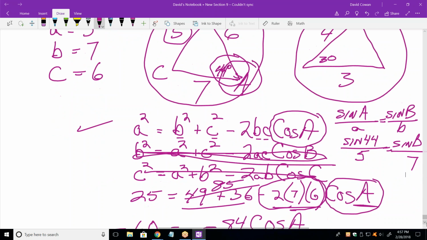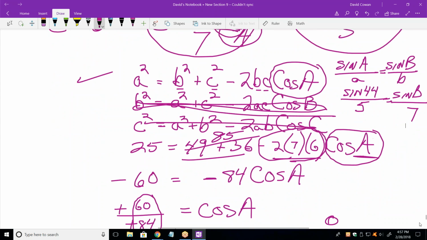Now I'm going to go down and we're going to solve that equation. I apologize, I'm in a program here I cannot erase. So the upper left numerator is a number, that's a number, that's a sine B, that's a 7.